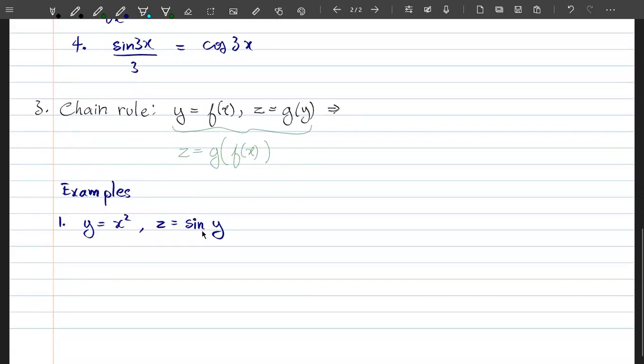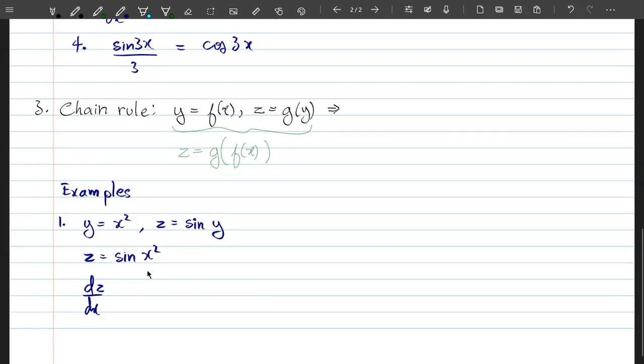Z is a function of x. How is that so? Well, then z is sine of y, which is x square. So z is sine of x square. Now, if I gave you this directly, obviously z is a function of x. Here it is just slightly obscured because y is x square and then z is sine of y. But clearly that makes z a function of x. So it's very valid to ask, what is dz by dx? If you forget this part and just think of z as a function of x, what is dz by dx?